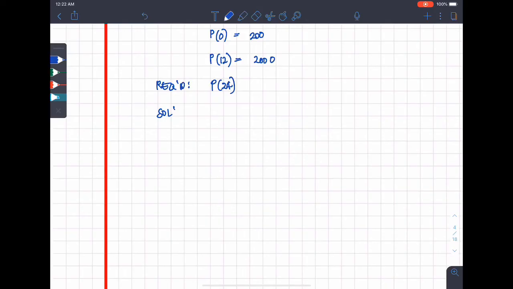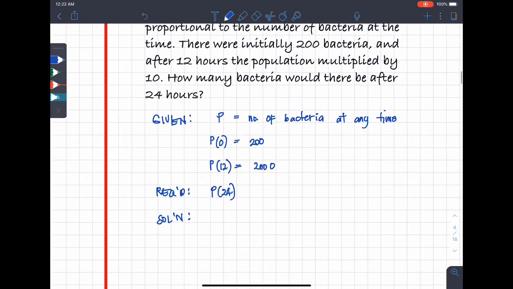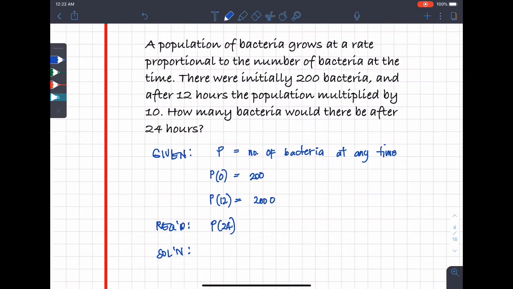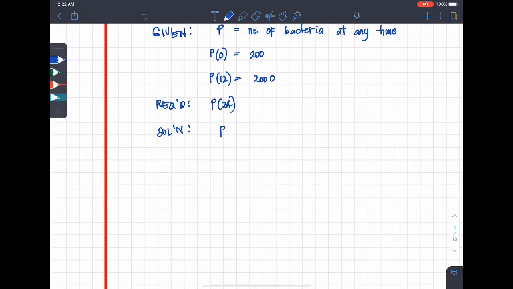So for our solution, the statement that the population of bacteria grows at a rate proportional to the number of bacteria at any instant of time means it's just a simple growth problem. Therefore, we could use our original equation, P equals C e^(kt). The exponential relation could be used in determining the population at any instant of time.